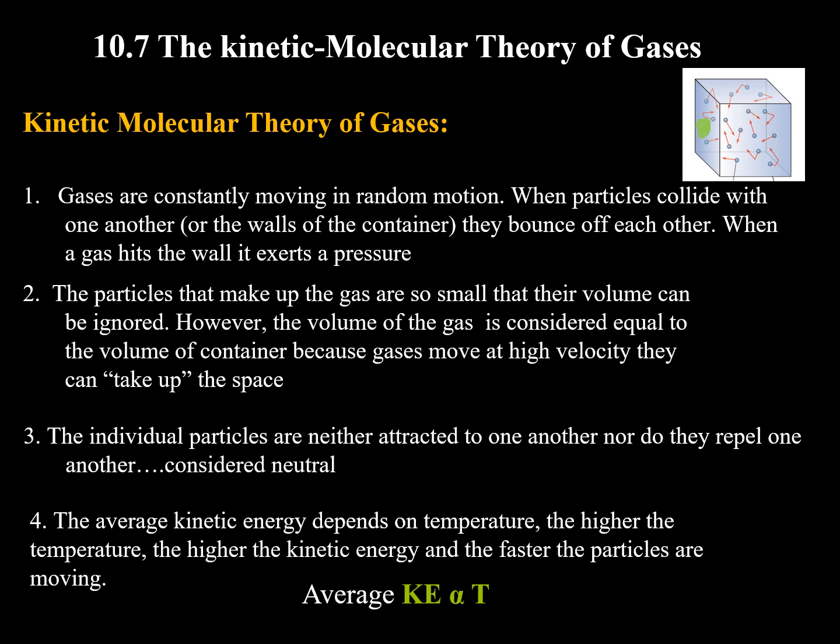The second one is the particles that make up the gases are so small that their volume can be ignored. So let's say this box is 20 liters. Technically, you would subtract that from the amount of particles inside.